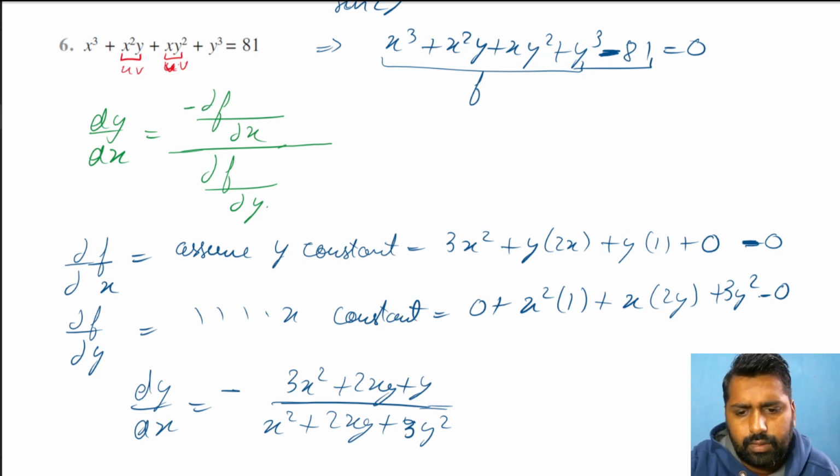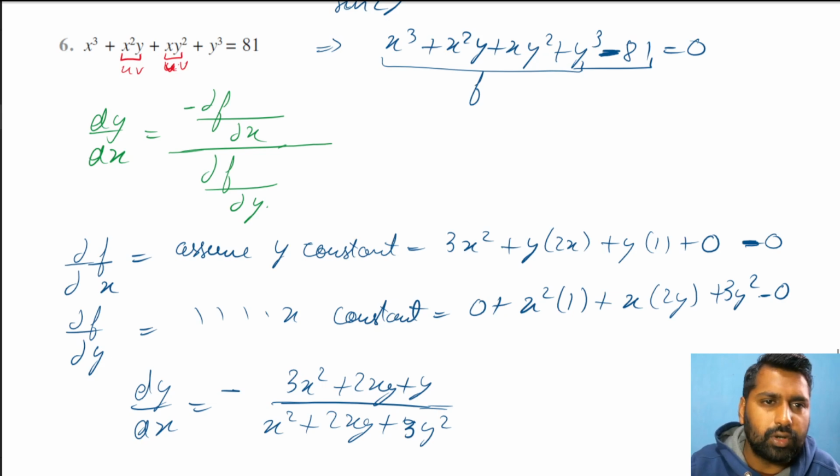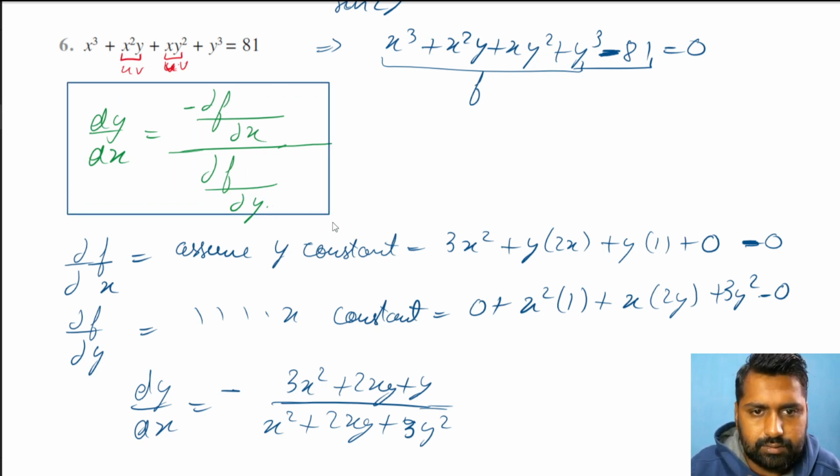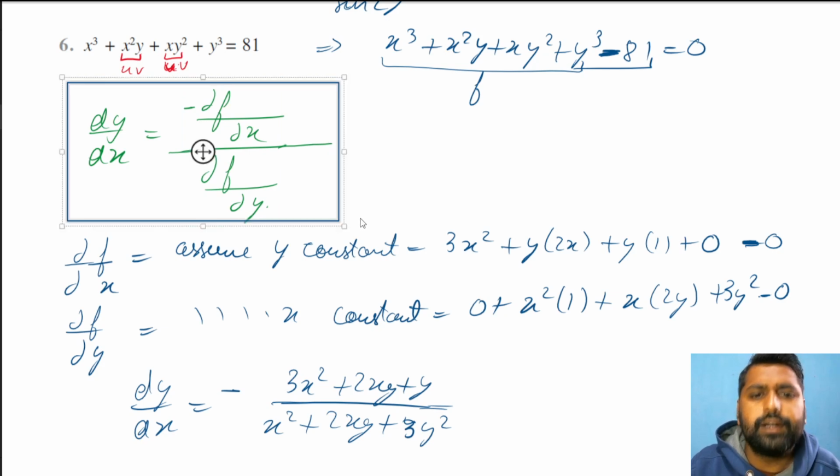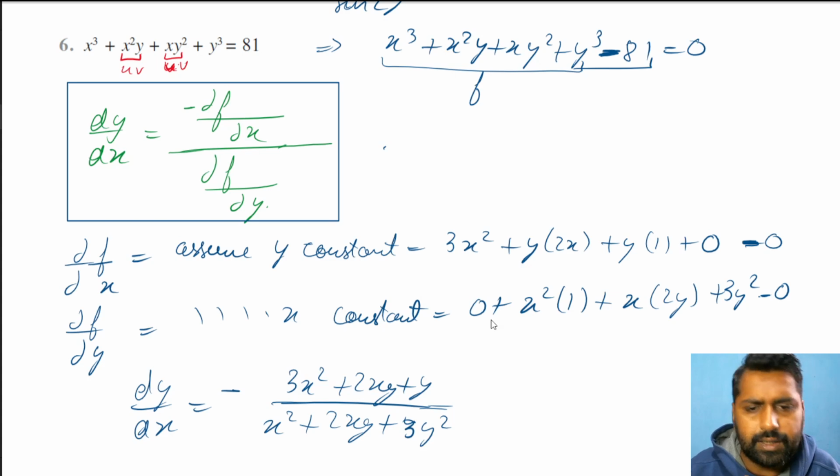So this method is an effective shortcut to differentiate implicit functions literally in one step. You will not be writing these two steps separately. I have shown that to make you understand how you have to differentiate. The main thing is you get all your function on the left, and the right side should be 0.